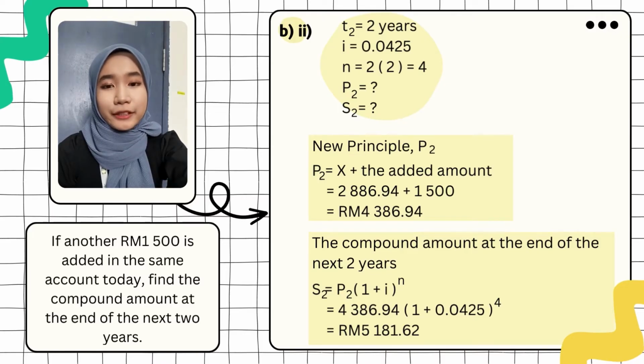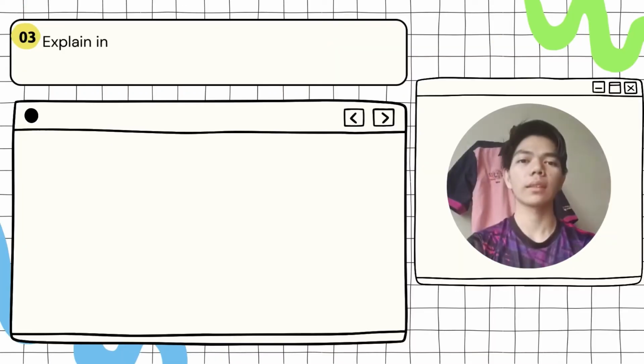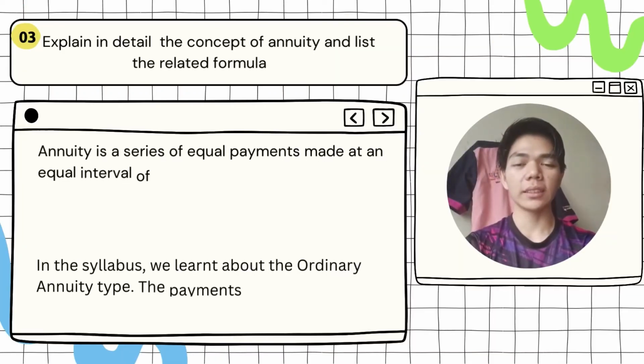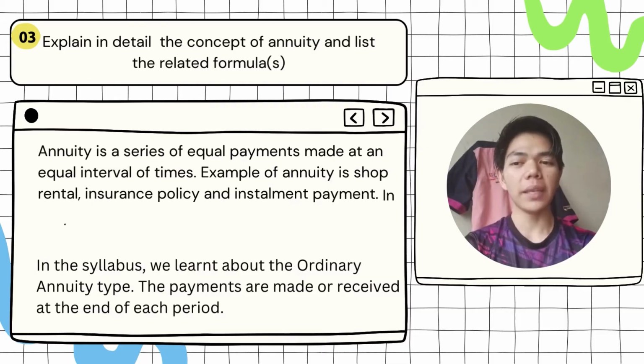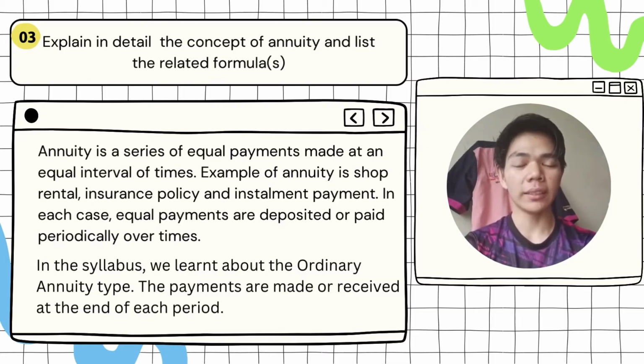S2 equals P2(1 + i)^n, which is 4,386 ringgit 94 cents (1 + 0.0425)^4, which equals 5,181 ringgit 62 cents.